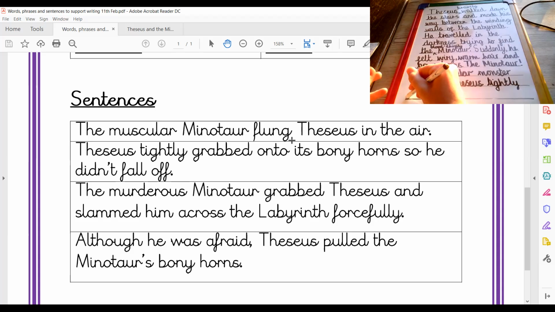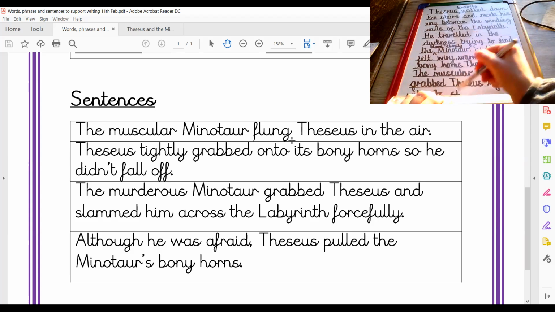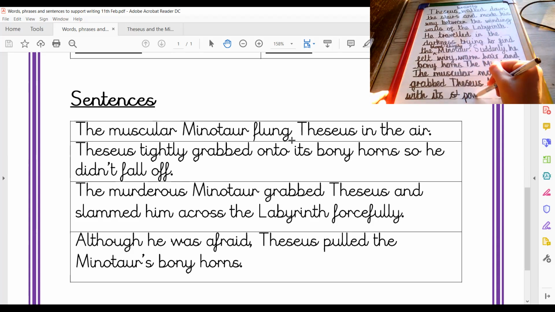Tightly. I'm going to say how. What with? We know that it has with its muscular. Well, I'm not going to use muscular actually here because I've used that. Grabbed Theseus tightly with its strong. Actually, I'm going to use powerful. With its powerful arms. The muscular monster grabbed Theseus tightly with its powerful arms.